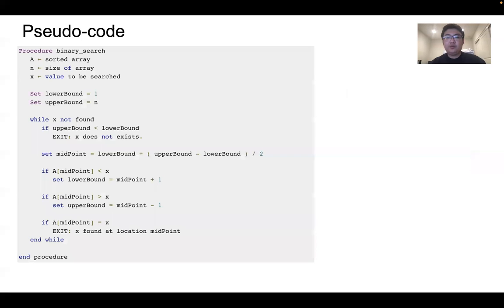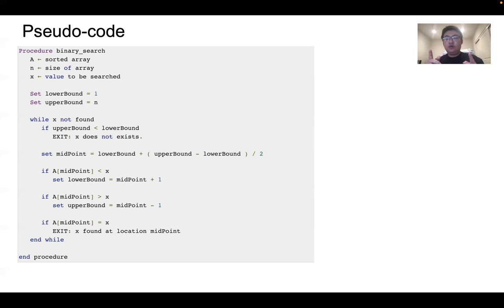So let's continue. This is the pseudocode of binary search. In this pseudocode, they use the lower bound and upper bound to represent the sublist. The lower bound is pointing at the first element in the list, whereas the upper bound is pointing at the last element in the list.